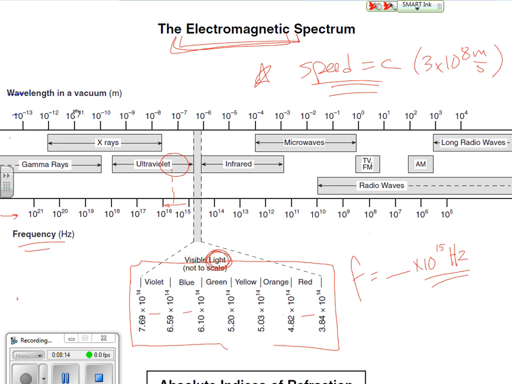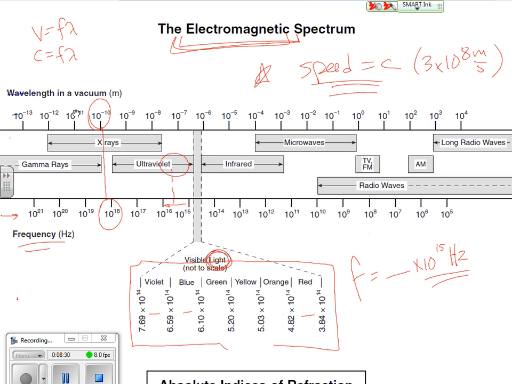For any of these, if you take the frequency and look at its corresponding wavelength, they're related like that: c equals f lambda.